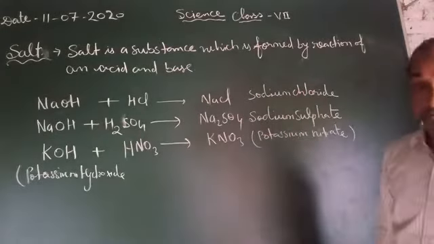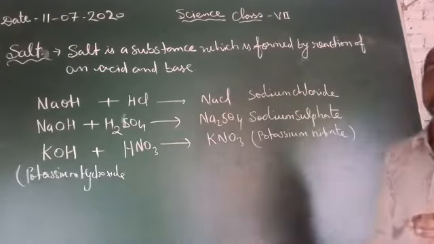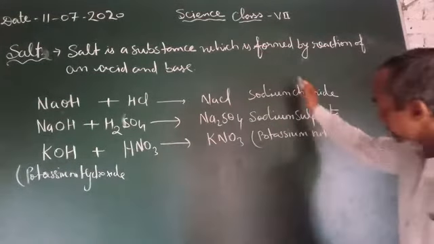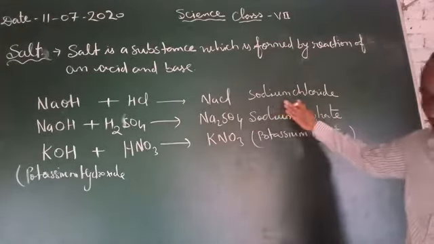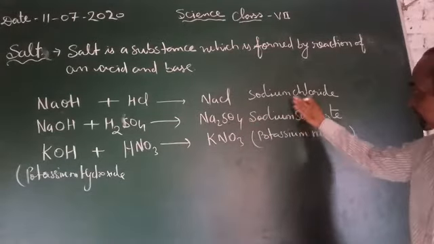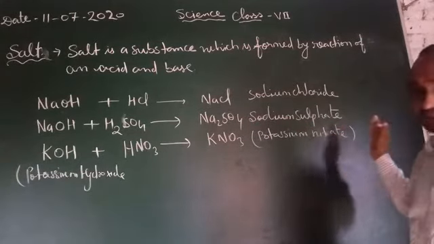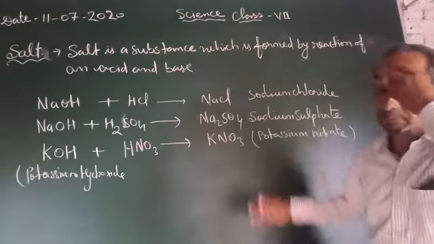So different bases react with different types of acids to make different types of salts: NaCl, Na2SO4, potassium nitrate. Sodium chloride, sodium sulfate and potassium nitrate are different types of salts.